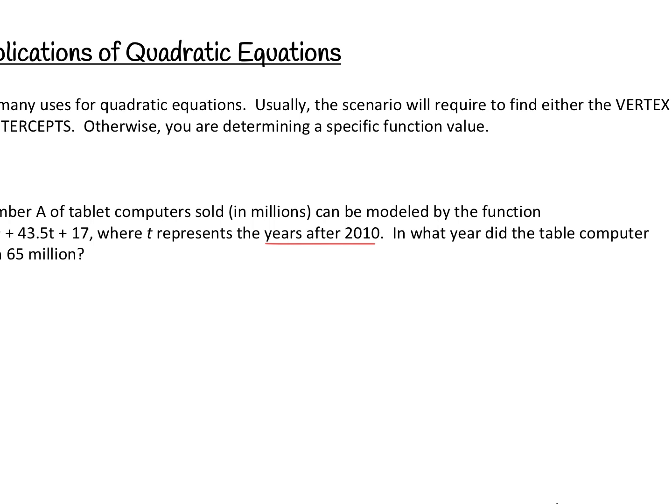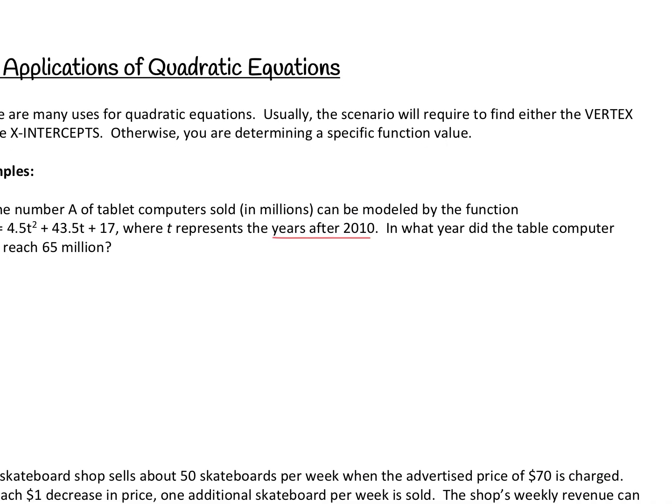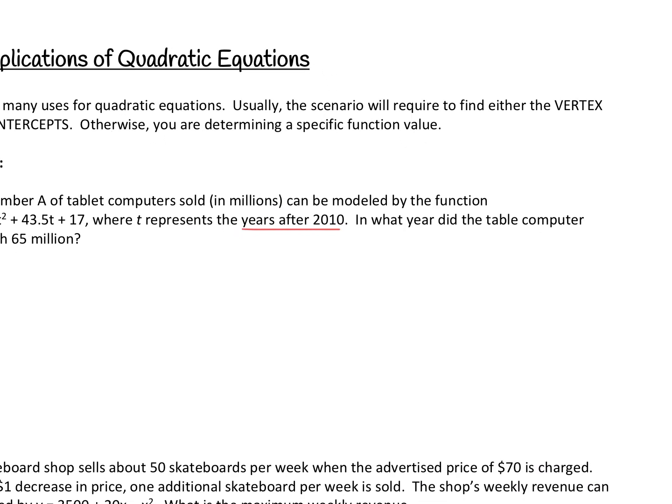Okay, so if I'm saying 65 million, here's a couple things that you need to know today that you can write at the top here. Number one, when you're looking at things today, T stands for time. Sometimes that means time in seconds, sometimes time in days, weeks, whatever your unit is. But T stands for time.